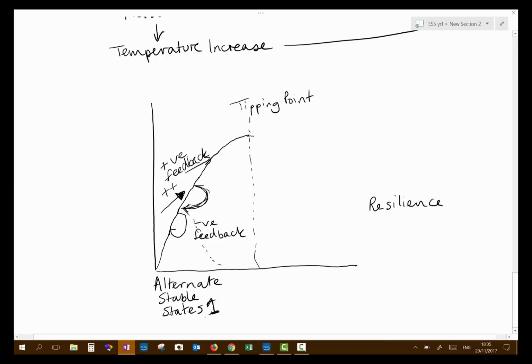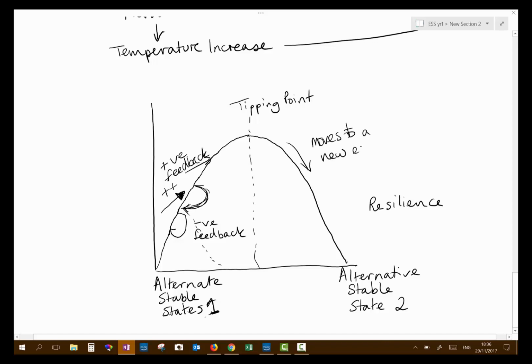And once we reach that tipping point, the system slides into a new alternate stable state. It's perfectly stable, but it might be very different from the first system equilibrium. And so the system finds a new equilibrium, but it's almost impossible to try and predict what that new equilibrium is.